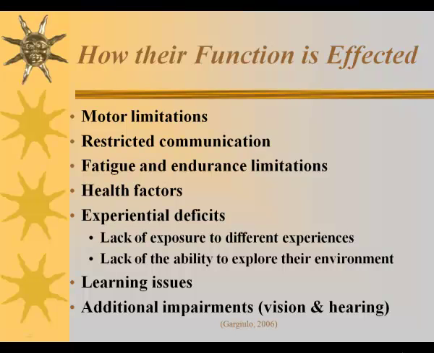Motor limitations, restricted communication, fatigue and endurance limitations, health factors, experiential deficits, lack of exposure to different experiences, lack of ability to explore their environment, learning issues, and additional impairments such as vision and hearing.